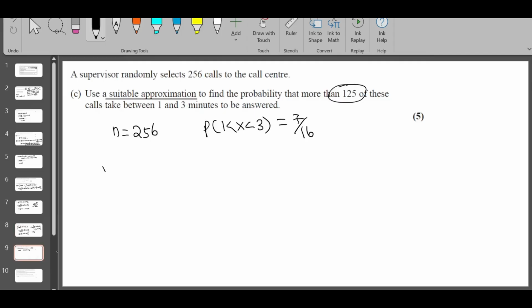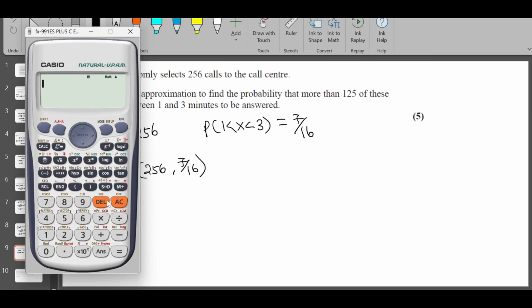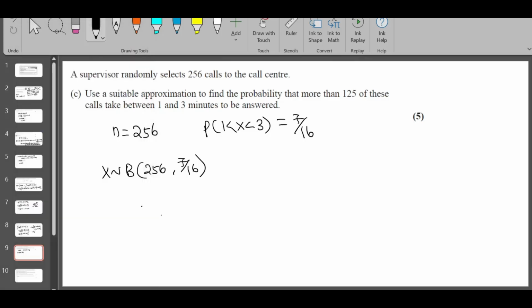So we can write X follows binomial distribution of 256, 7 over 16. Here n is large, and 7 over 16 is close to 0.5, so we are going to apply normal approximation. You don't need to write this line actually, I'm just showing this.